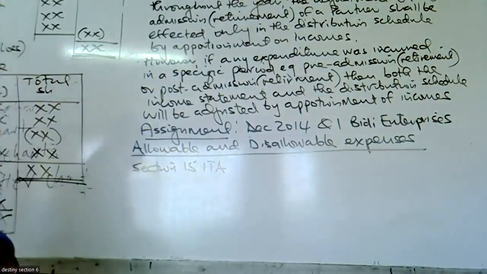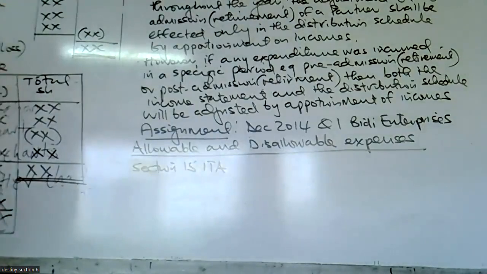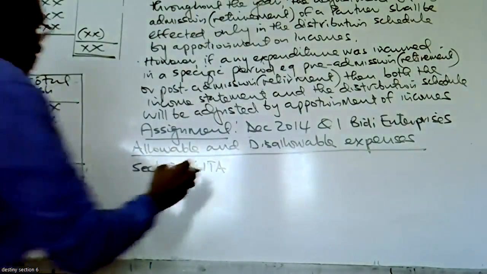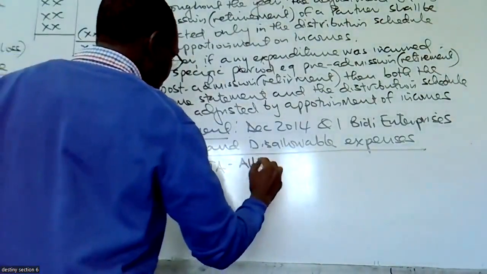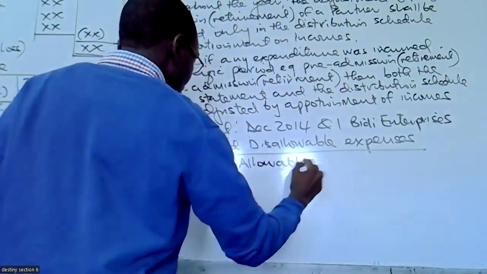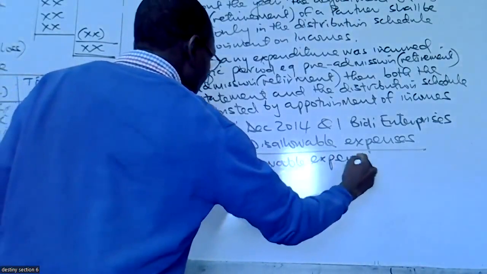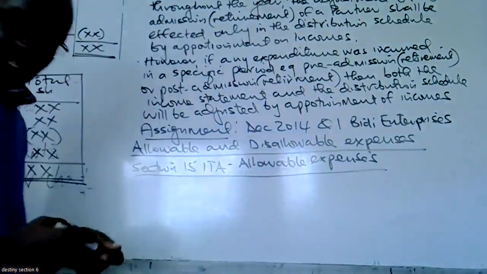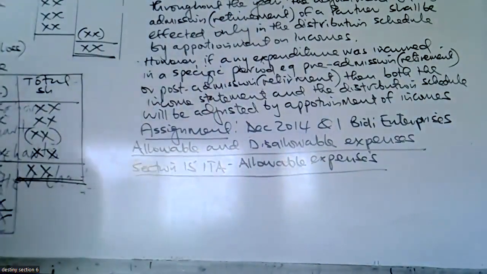Section 15 of the Income Tax Act, we call this allowable expenses. These are allowable expenses from a tax point of view.